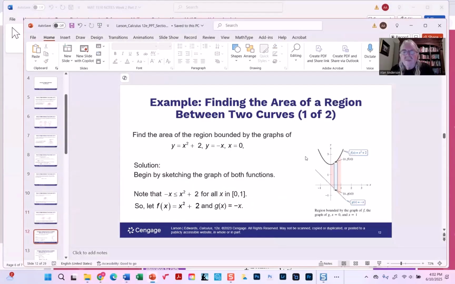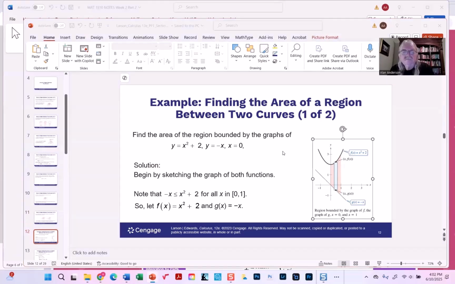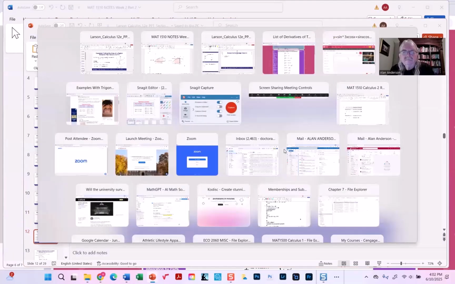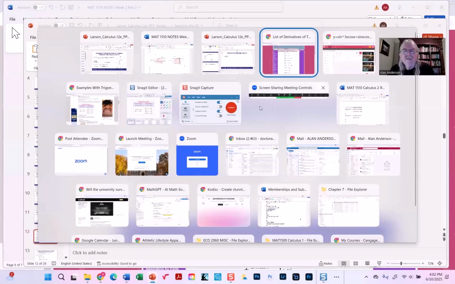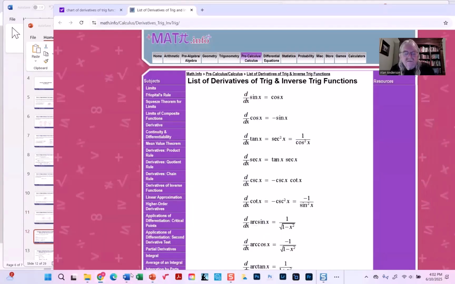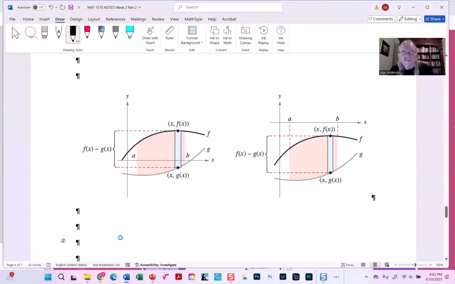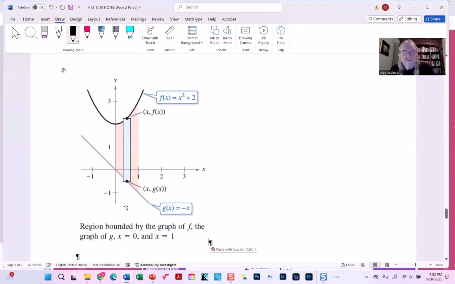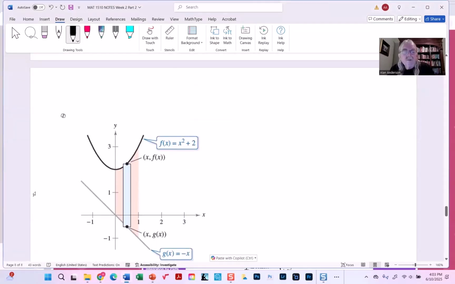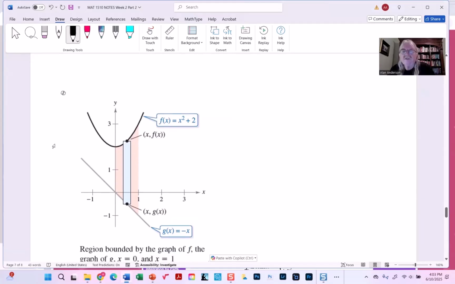All right, here we go. Now, this is the first question for us. By the way, here's the two functions. F of x is x squared plus 2. We have a quadratic function directly beneath it. We have a linear function g of x equals negative x.